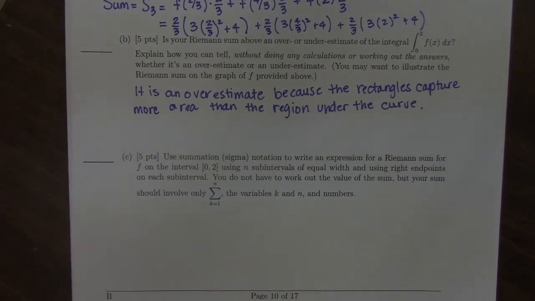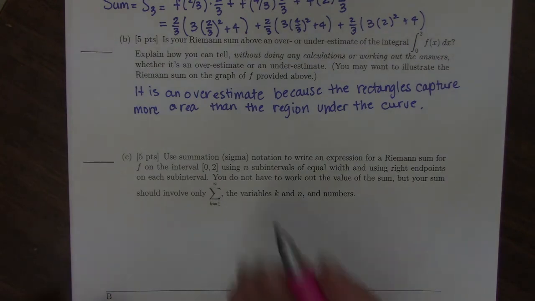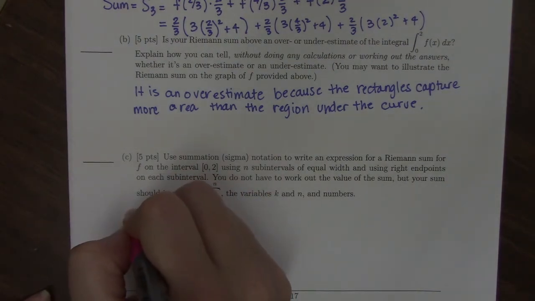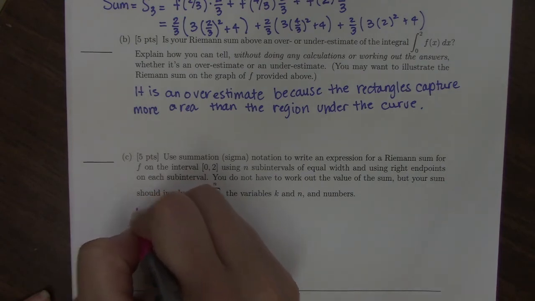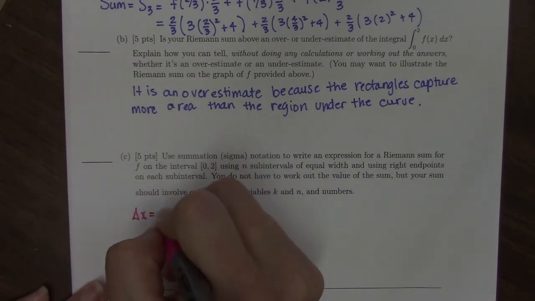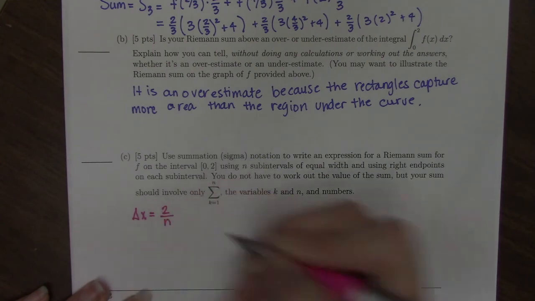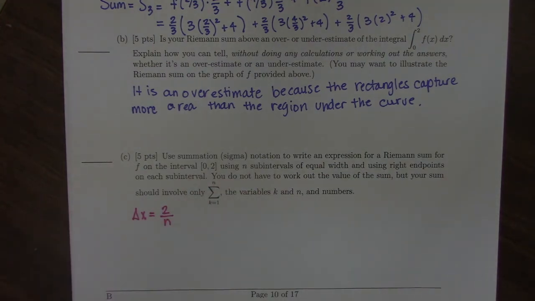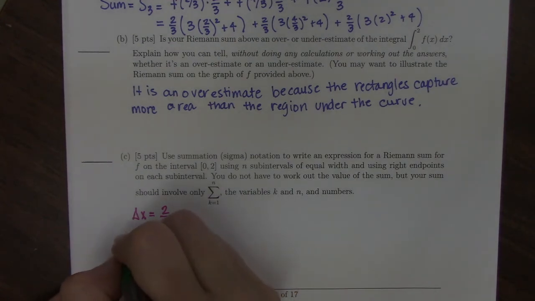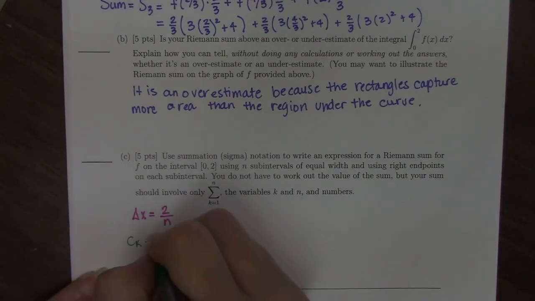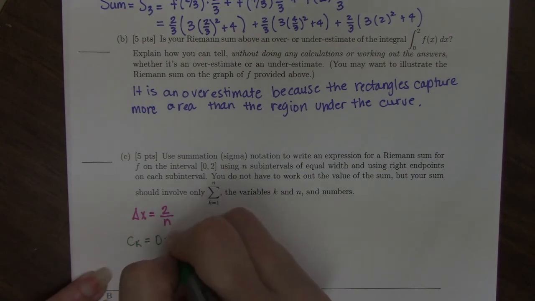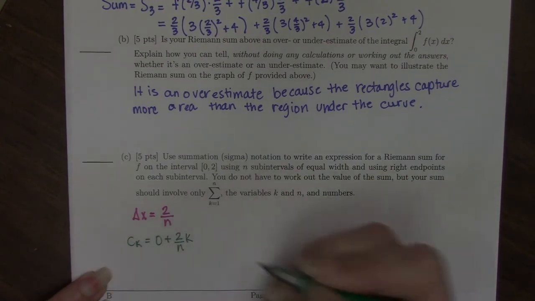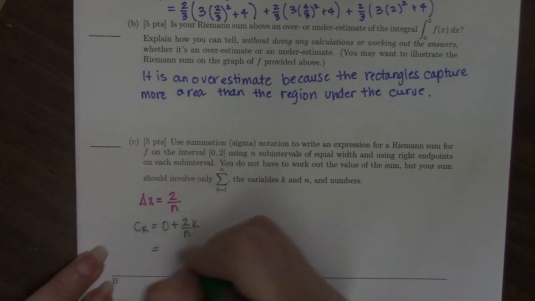For the Riemann sum, our delta x is b minus a, which was just 2, over n. Our x values, using right endpoints, are your a value plus 2k over n, which just simplifies to 2k over n.